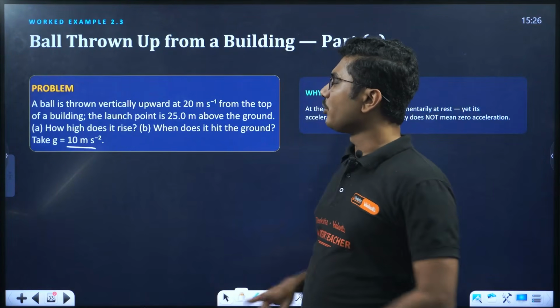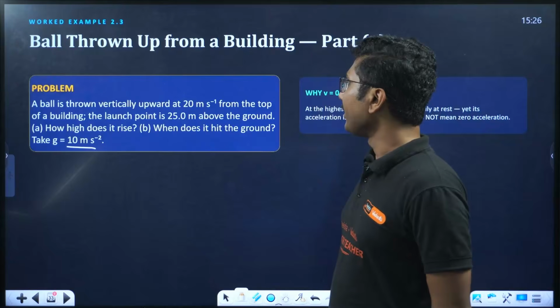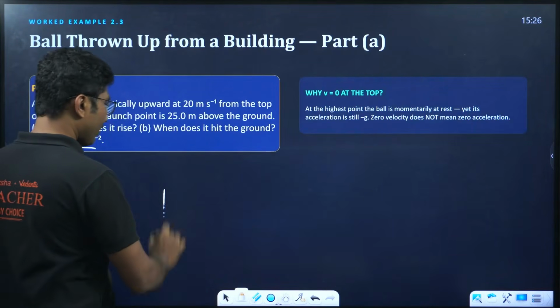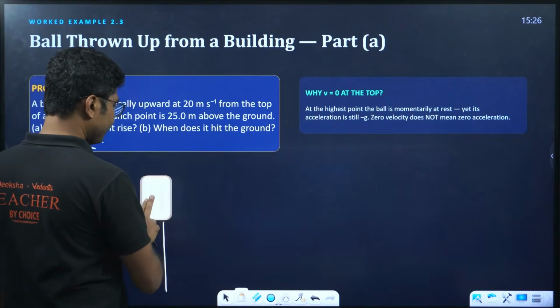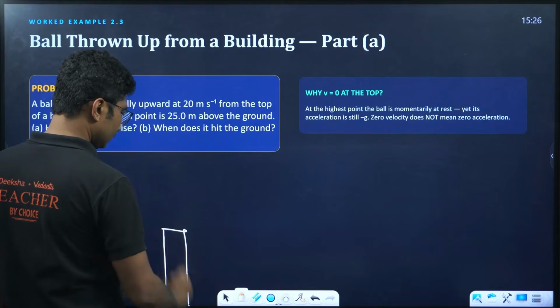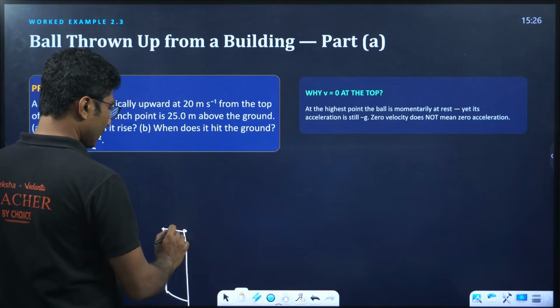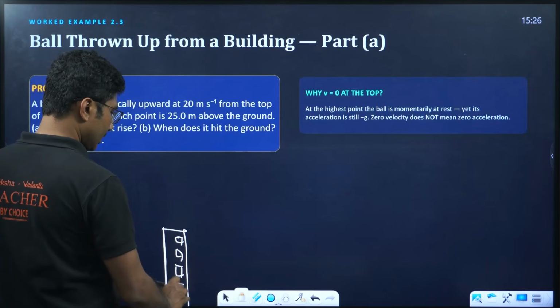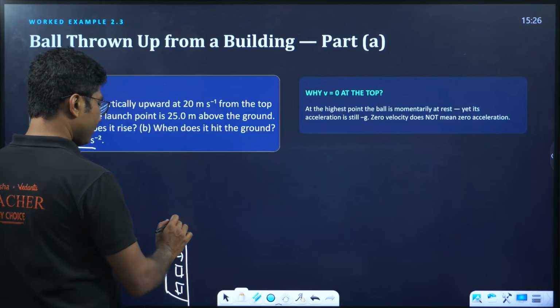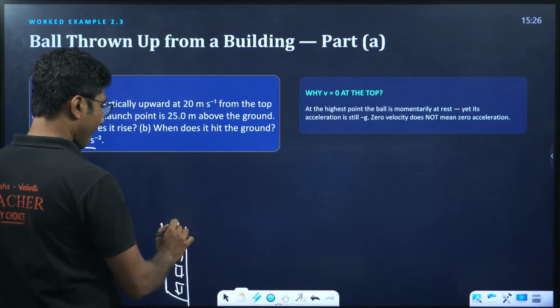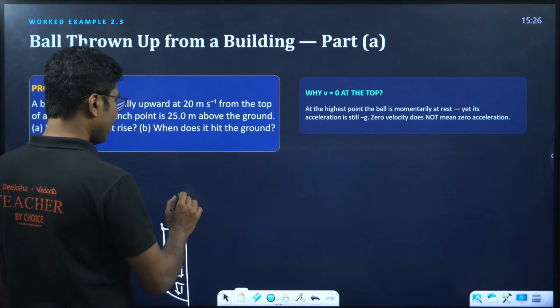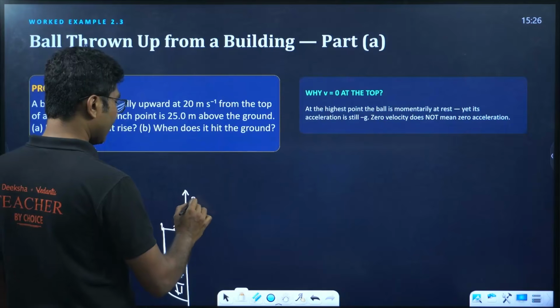So the ball is thrown vertically upward at 20 meter per second from the top of a building. So here we have the top of a building. This is a building, some windows are there, and at the top of this building you are standing, and you have thrown a ball with a speed of 20 meter per second.